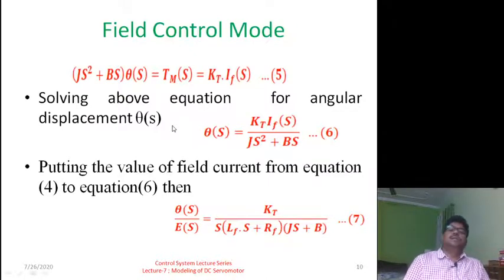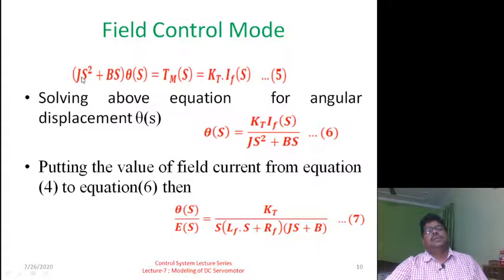In terms of the mechanical parameters, the torque developed will be equal to (J s square plus B s) multiplied by theta(s) equal to Kt If(s), and this angular displacement theta(s) will be equal to Kt If(s) divided by (J s square plus B s).